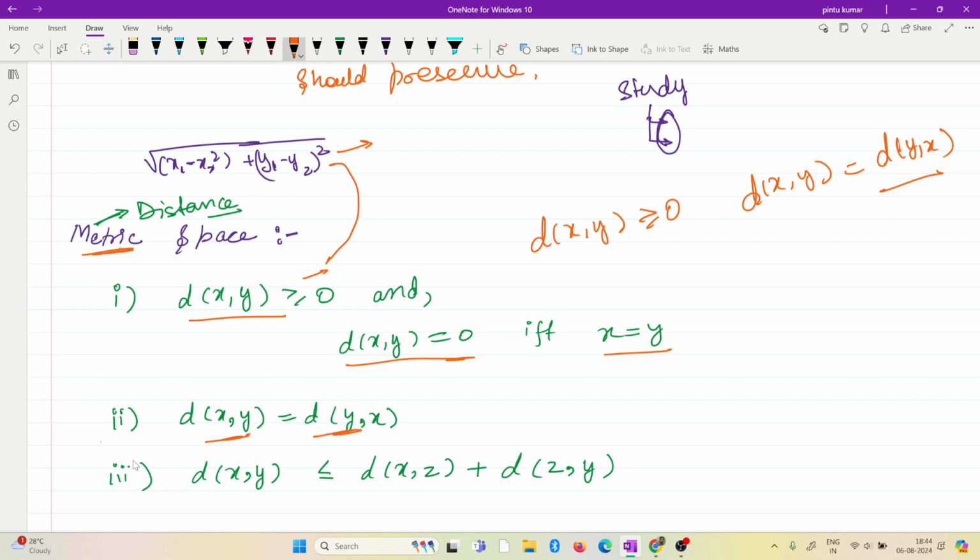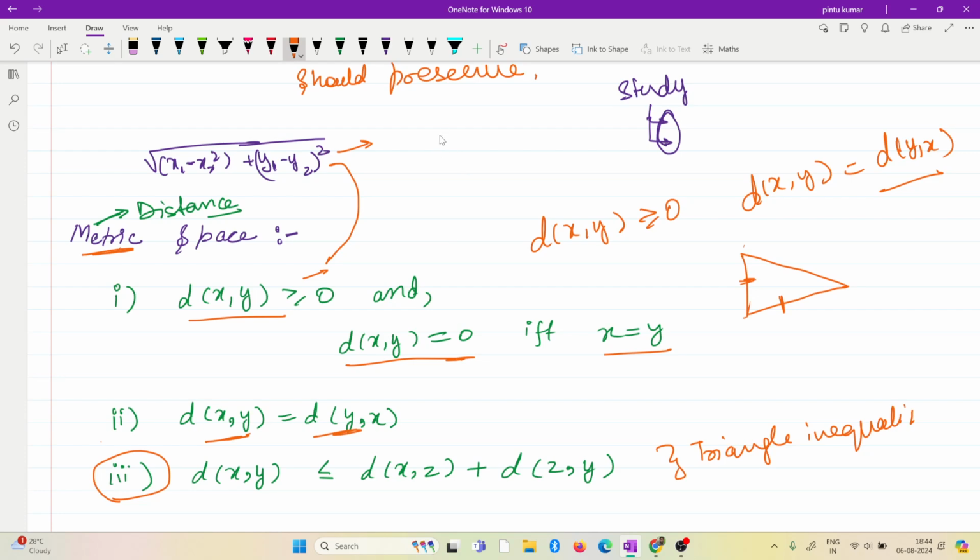The third property, which is the most non-trivial property, is called the triangle inequality. You might know this property, right? If you draw any triangle and take the sum of any two sides of the triangle, the sum is always greater than the length of the third side.